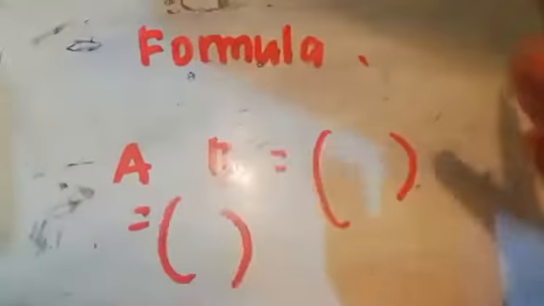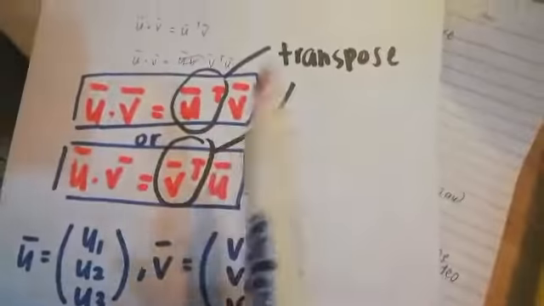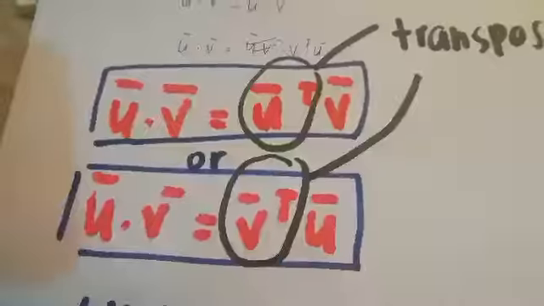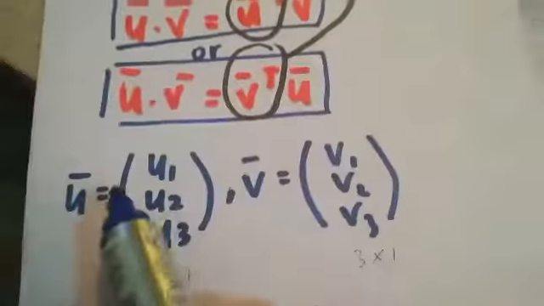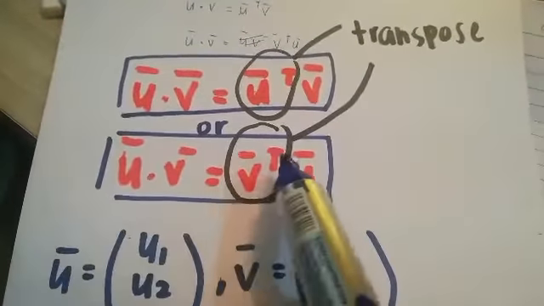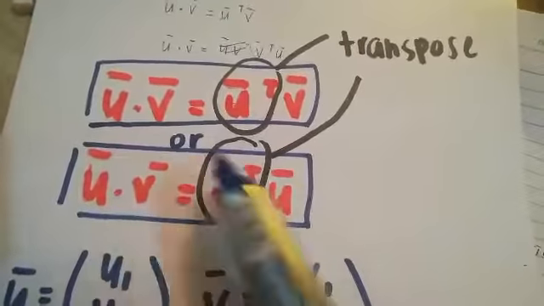Maybe for some properties you have to transpose, but for vectors you have to transpose to get the dot product. I'm sorry, before this I said vector u dot vector v, to get the dot product.